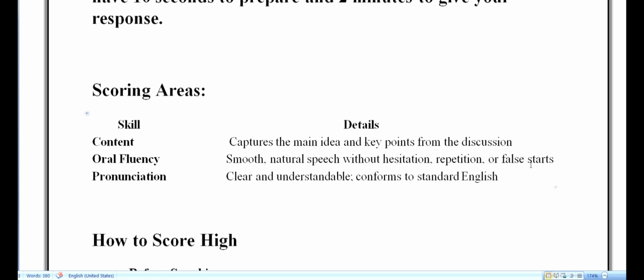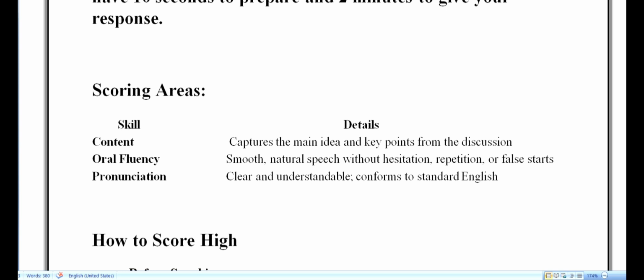If your speech is clear, understandable, and standard English is properly used, it is taken under pronunciation.